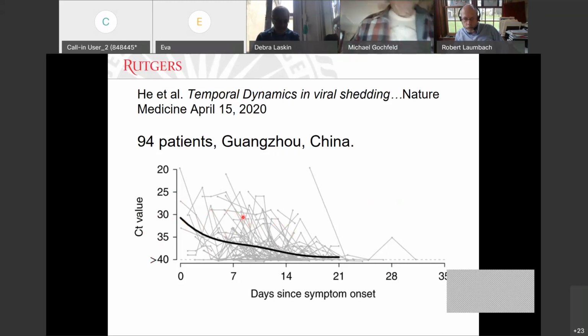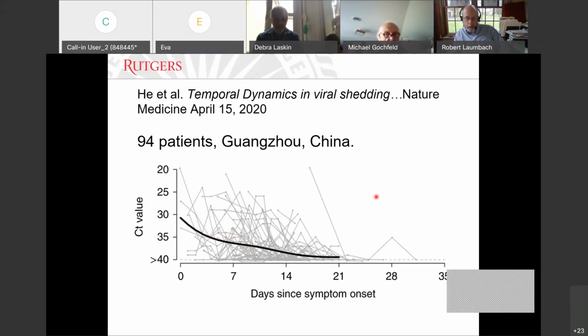Each patient is on a line here, and it's also showing a lot of values which should be greater than 40 CT values, but showing by a regression that it seems that the viral replication, if this is continuous, was occurring prior to onset of illness.